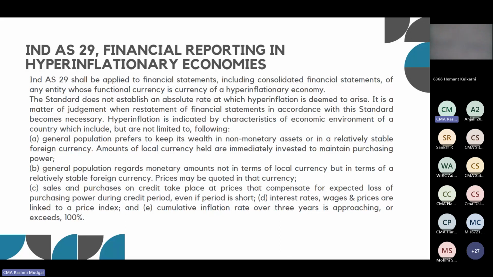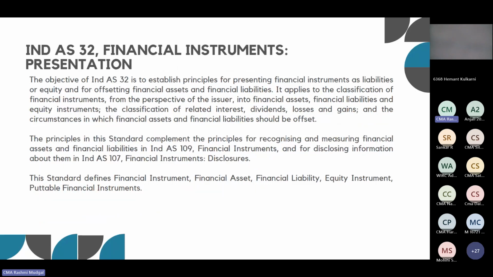Next, the cumulative inflation rate over three years is approaching or exceeds 100%. These are the areas where a person takes judgment, and based on these factors I make a provision. This is how financial reporting happens in hyperinflationary economies.